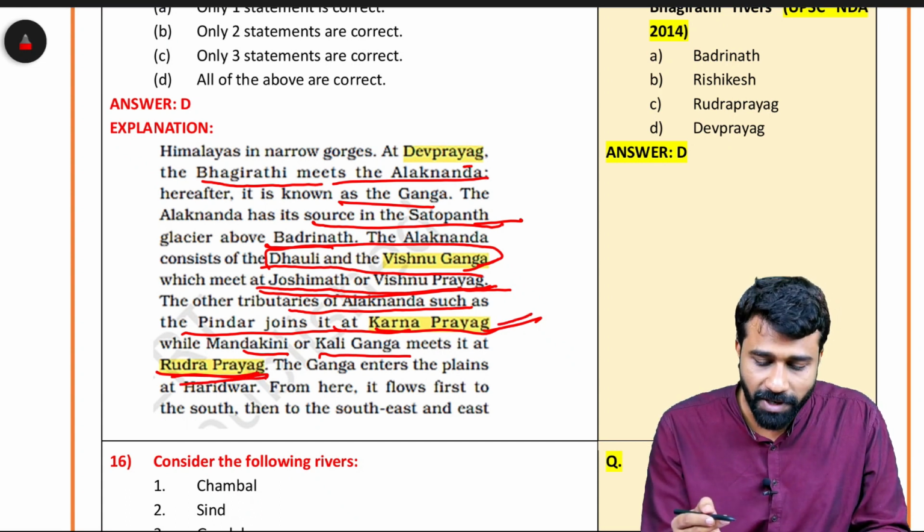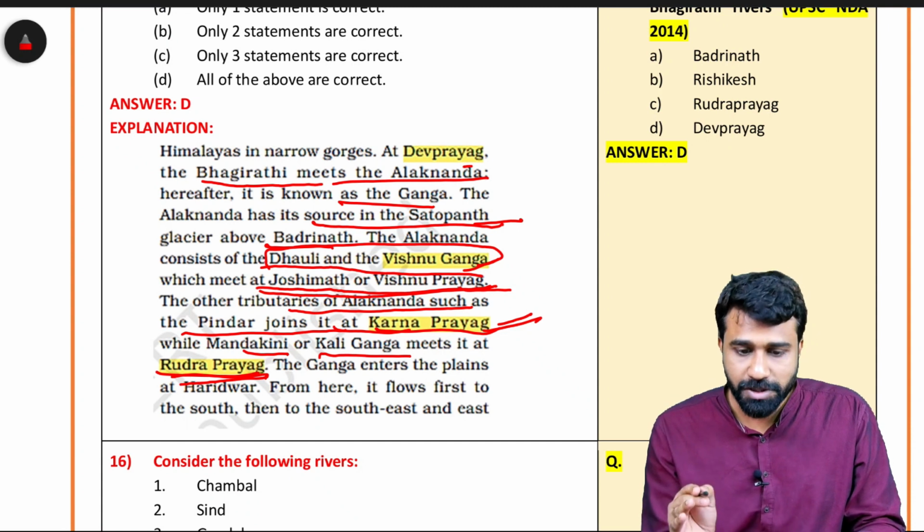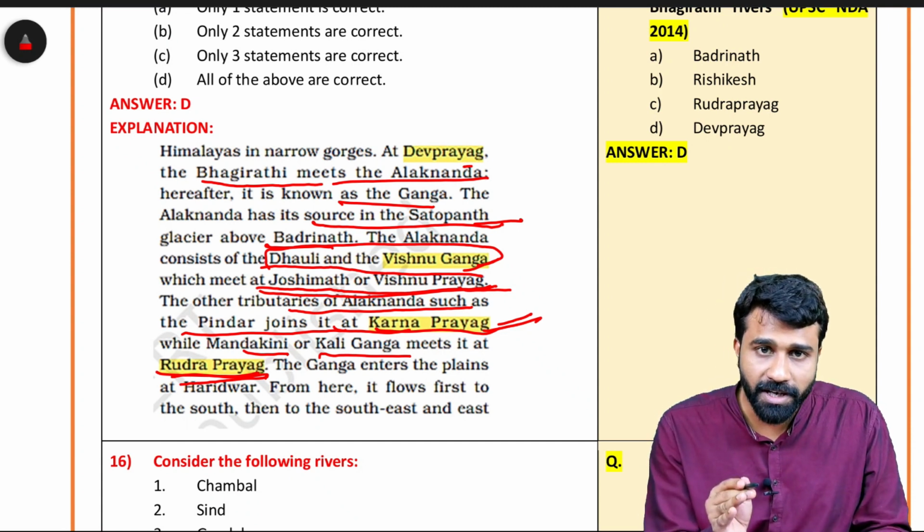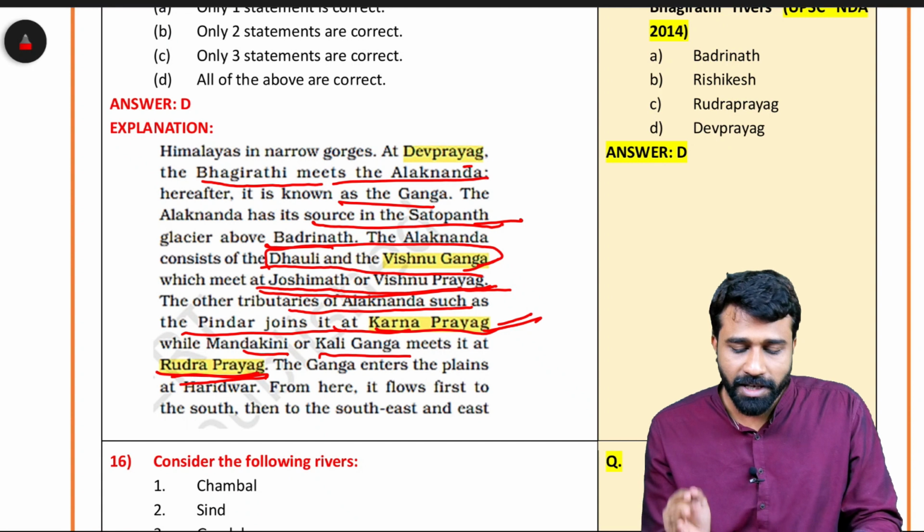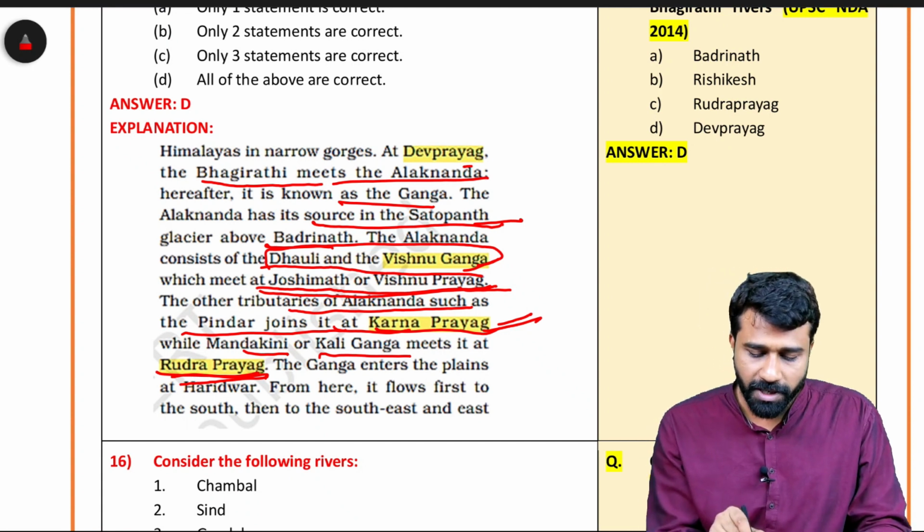These are tributaries of Alakananda, and these tributaries are meeting at Vishnuprayag or Joshimath. Okay, and the Ganga enters the plains at Haridwar.